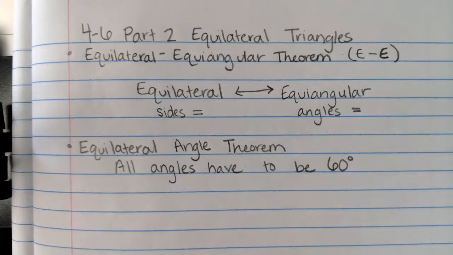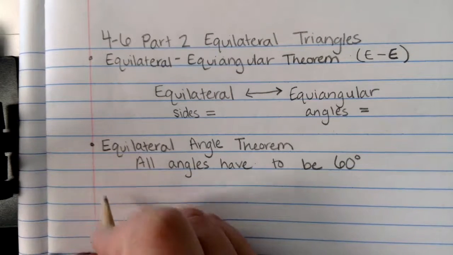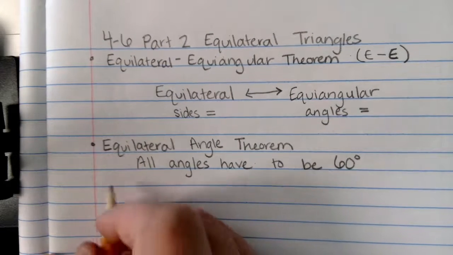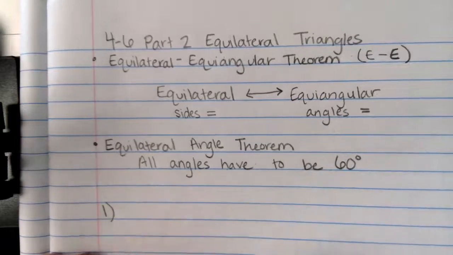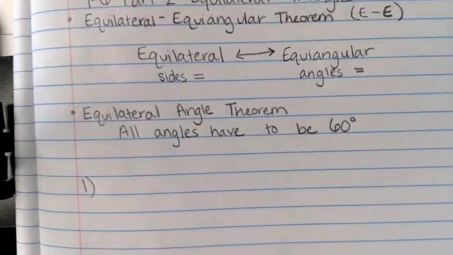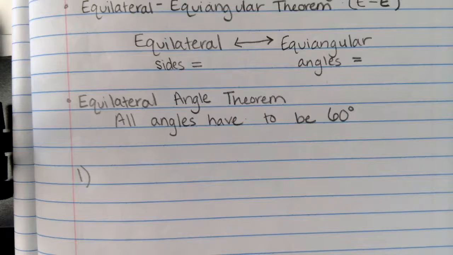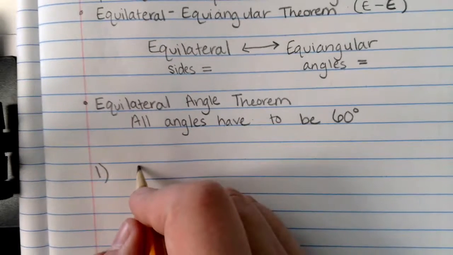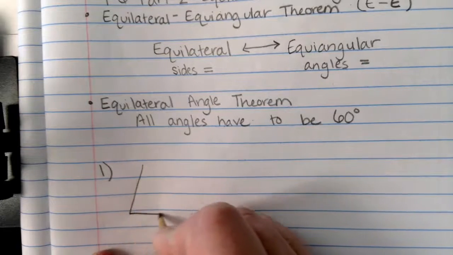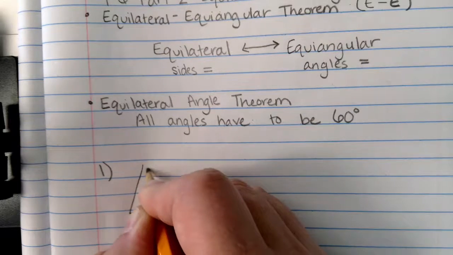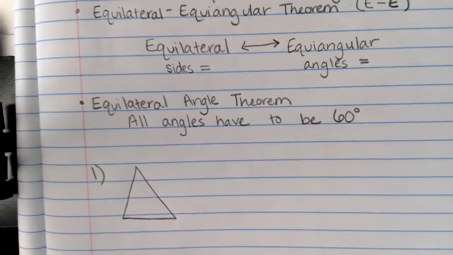Alright, so we're going to do 3 examples. One example is going to take up like a half page, so it's going to be similar to yesterday with that flow proof. It's probably going to be 2 examples on the front and then your last example on the back. Alright, so to start off with, we're going to draw an equilateral triangle to the best of your ability. Beautiful.